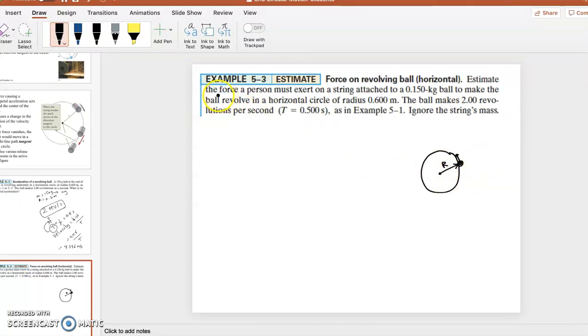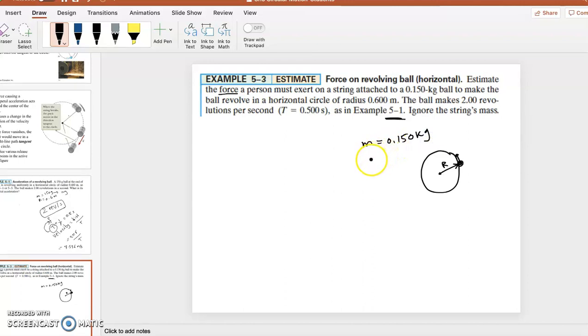Estimate the force a person must exert on a string attached to a ball. It's the same problem, the same example 5.1, so no need to really repeat it. But the mass of the ball is 0.15 kilogram. This is already converted.